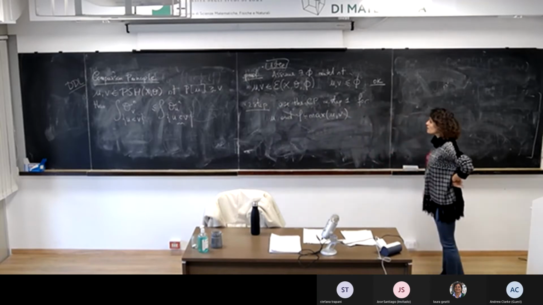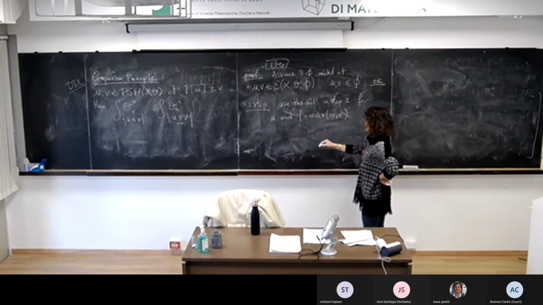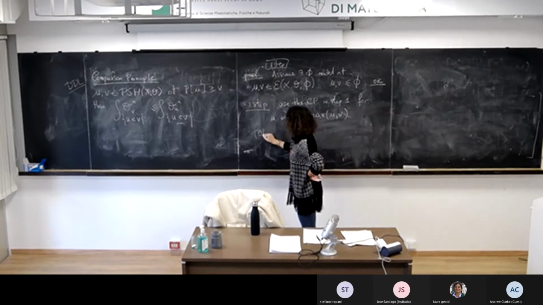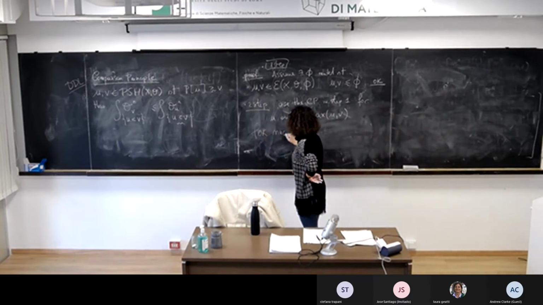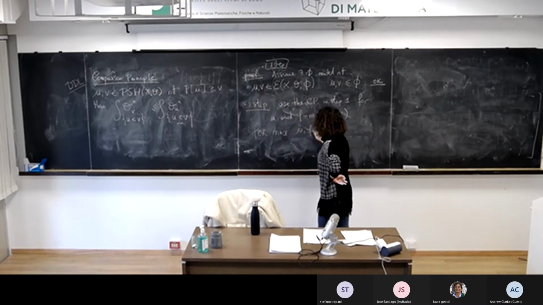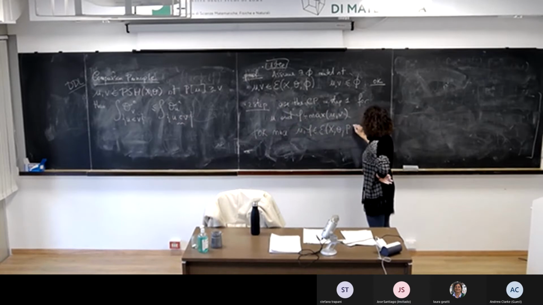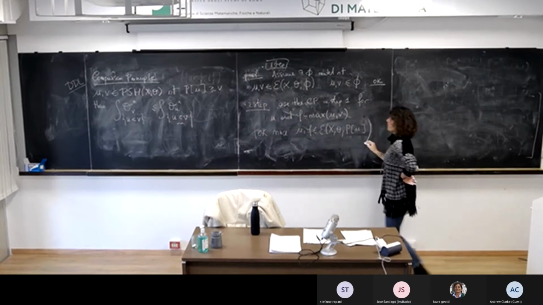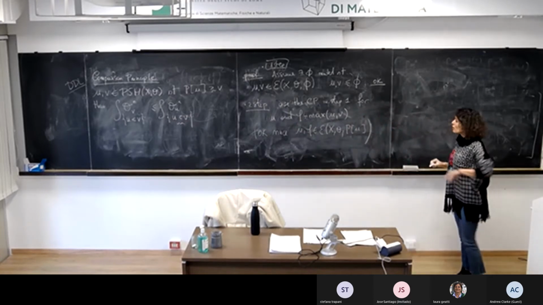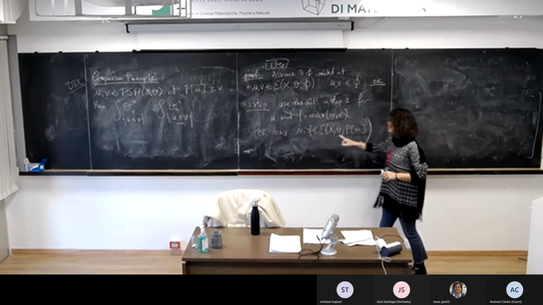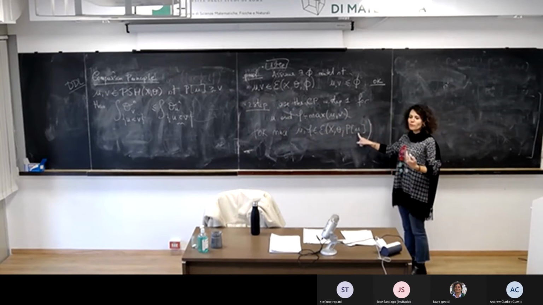So why is this okay? Because both of these functions are in E of x, theta, and p of u. The u is in the E class of p of u.